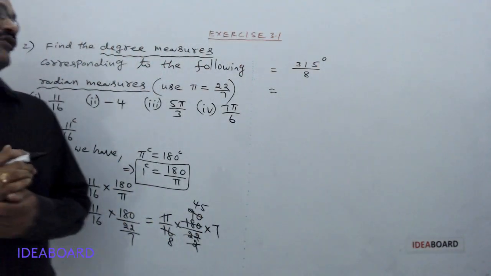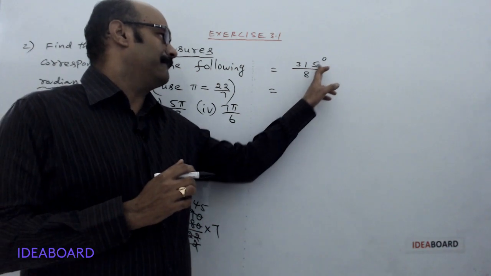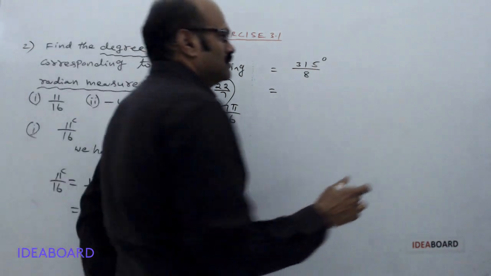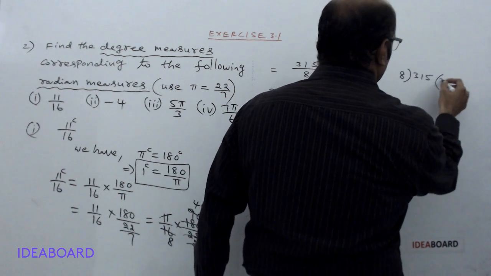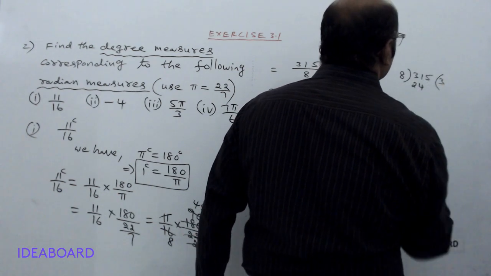Now here we have to divide 315 by 8. So 315 if you divide by 8, we have 8 3s 24.